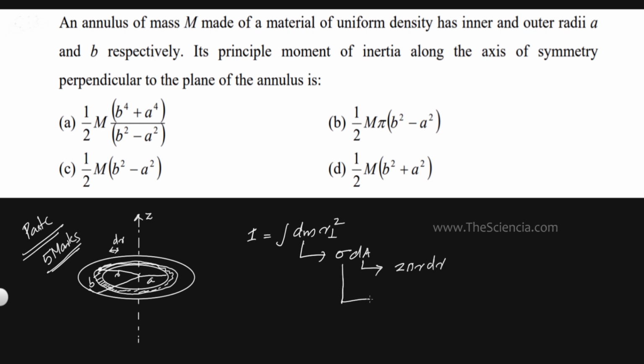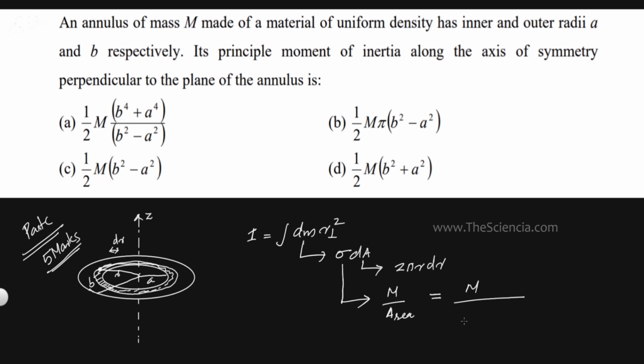And what is sigma? Sigma is equal to total mass by total area. The total mass of this body is given, that is capital M. And what is the area? Here the material is only between radius a and b, and the middle portion of this annulus is hollow.